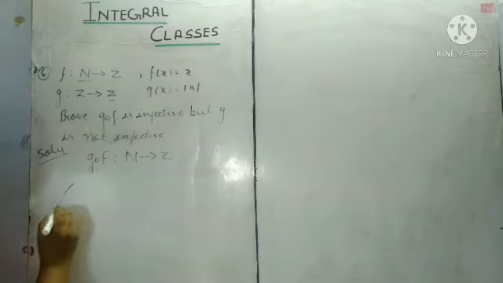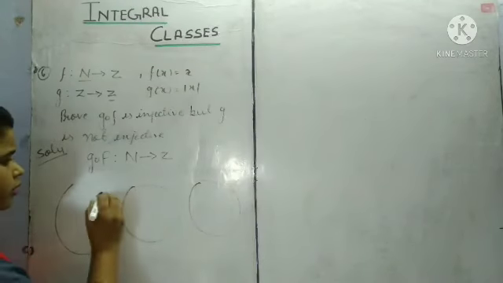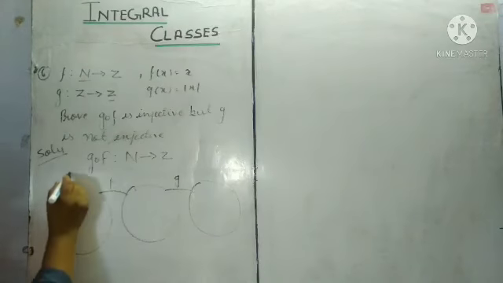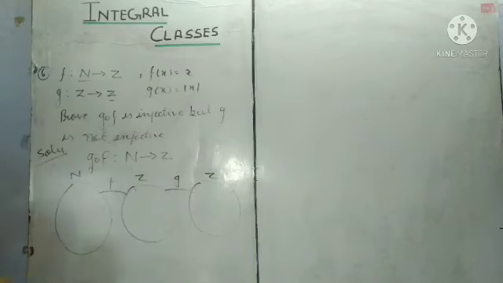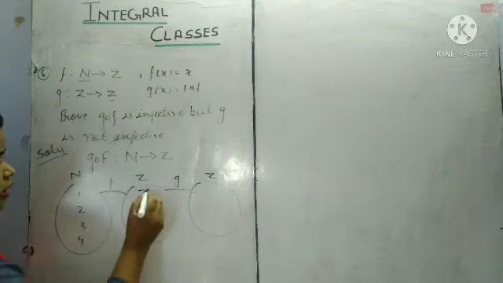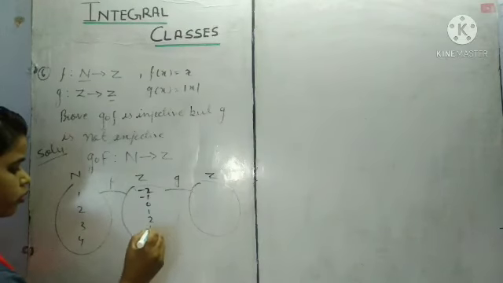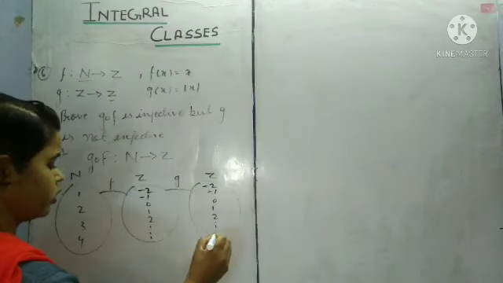So student, by Venn diagram we will show here: it is f, it is g, and f is defined from N to Z and g is defined from Z to Z. Suppose we consider the natural numbers 1, 2, 3, 4, and from here we consider -2, -1, 0, 1, 2, and here is also -2, -1, 0, 1, 2.